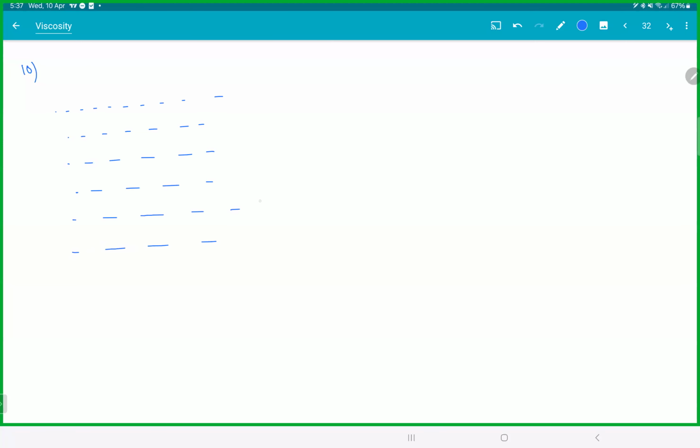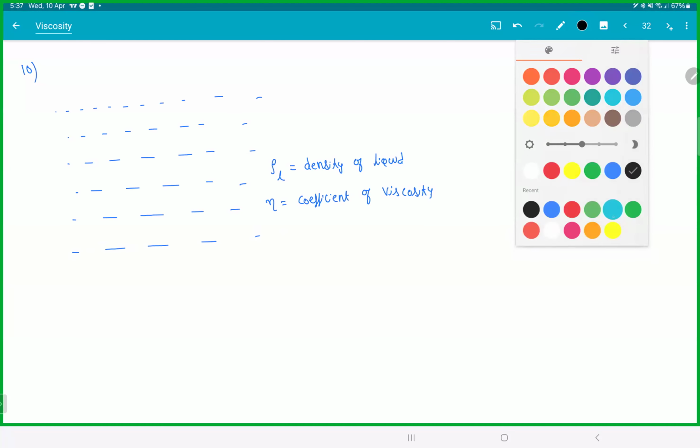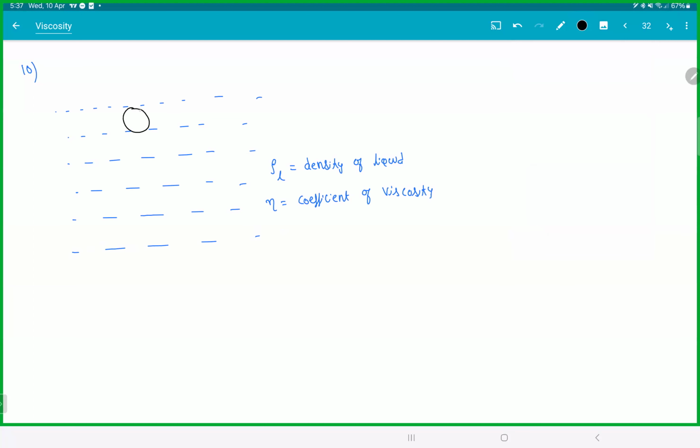So we have a liquid here, rho liquid. Eta is the coefficient of viscosity. In this, you release a ball from rest.